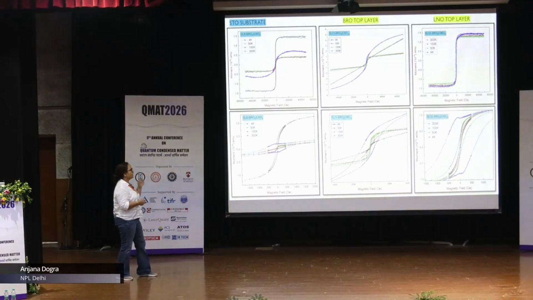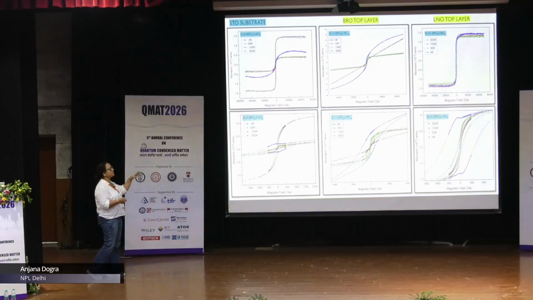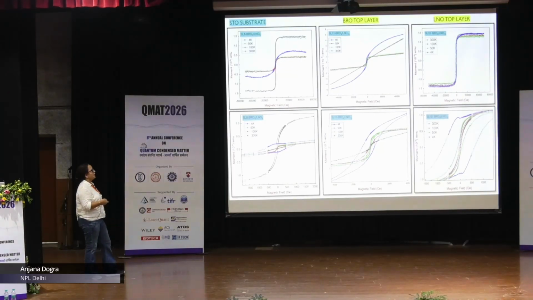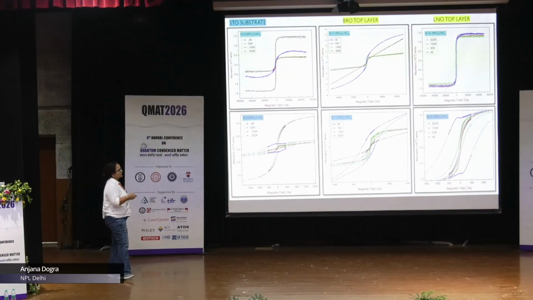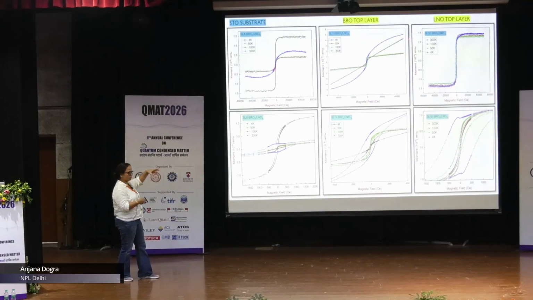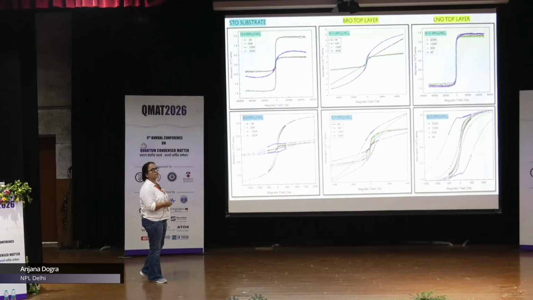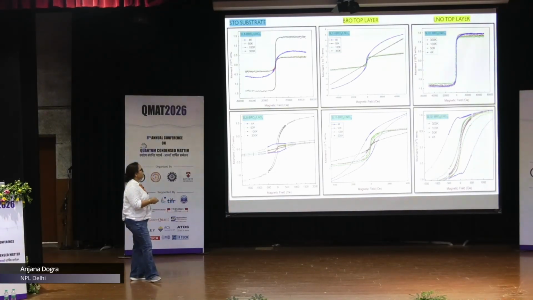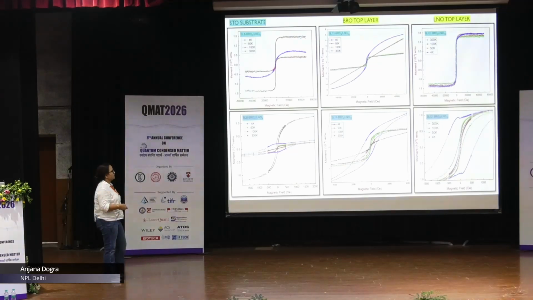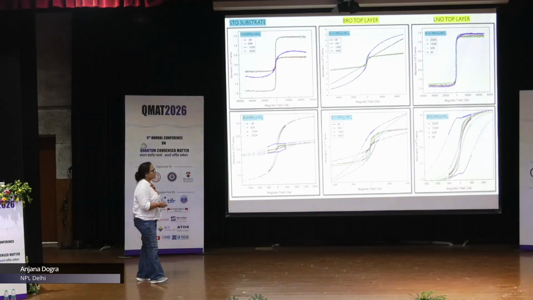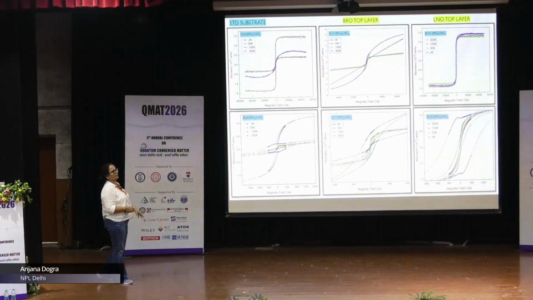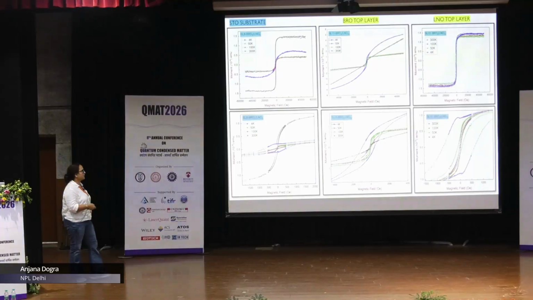If you see, there is a huge difference in the hysteresis itself. There is not even saturation observed when BRO is the top layer, whereas very good saturation is observed for all temperatures with LNO on top. If I magnify these images, for the LNO top layer some steps are also observed in the hysteresis, and the area of the hysteresis increases.